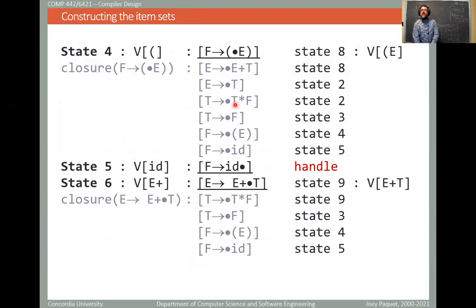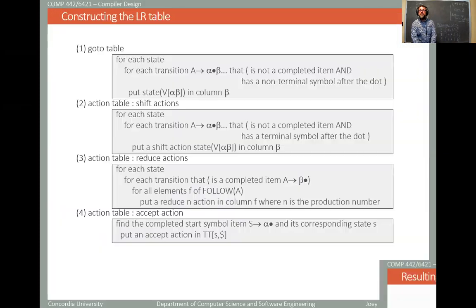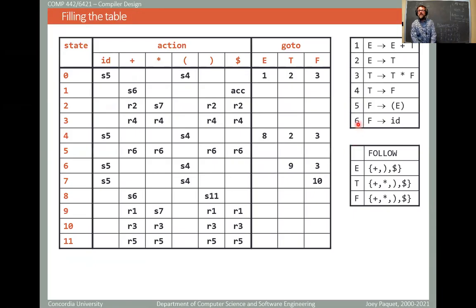This one does not have completed items. State number 5 has a finished item here. So under follow of F, which is plus, star, close parenthesis, $ sign, I am going to put reduce using this rule here, which is I believe rule number 6. So in state 5 under plus, star, close parenthesis, $ sign, reduce using rule number 6.